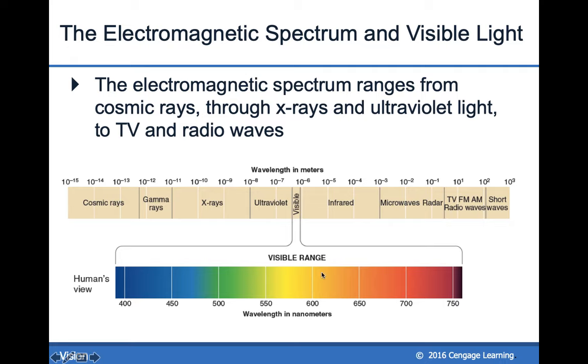So infrared light is typically used with remote controls. That's why if you click the button on your remote, sometimes you see that little red light at the tip. That's actually using infrared light to communicate with your TV or your DVR or whatever it might be, your cable box. It's really quite interesting how narrow our visual spectrum is.